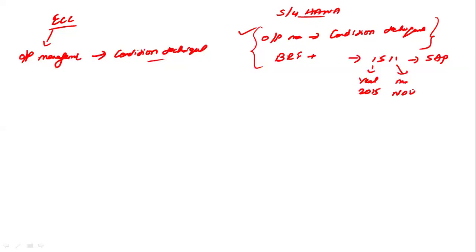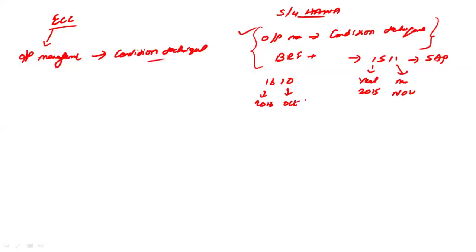After one year, all the businesses came complaining that BRF plus is not suitable for output management, and that the condition technique is better. Then in 1610, which is October 2016, SAP released a note saying that BRF plus is no longer used in SAP.